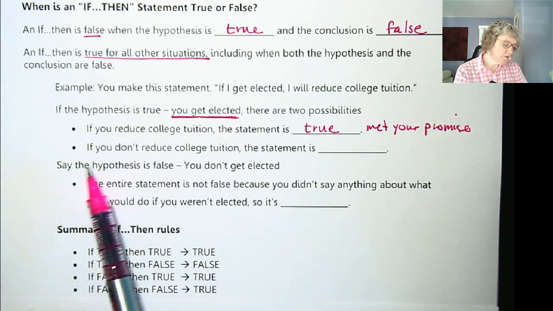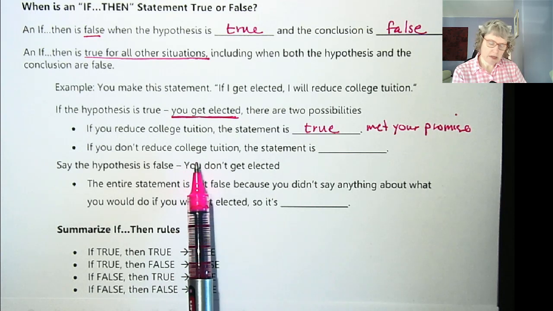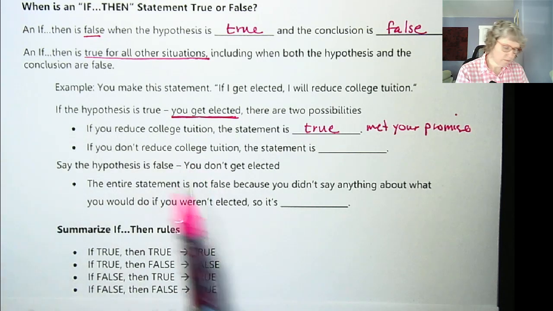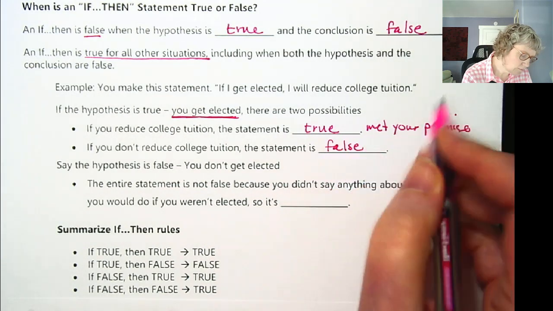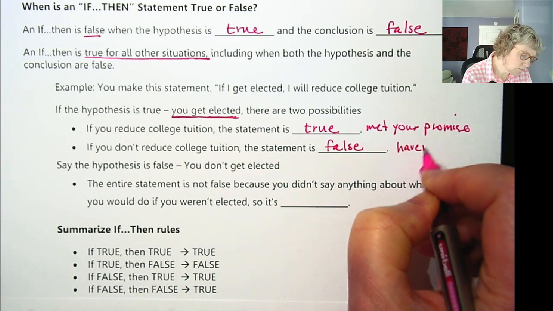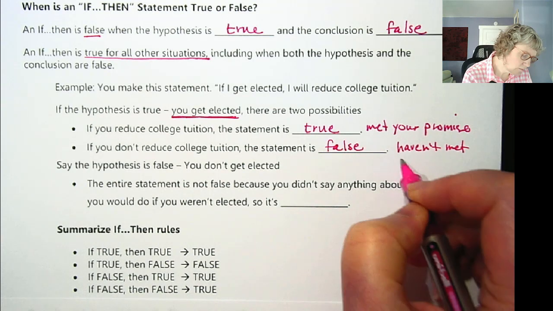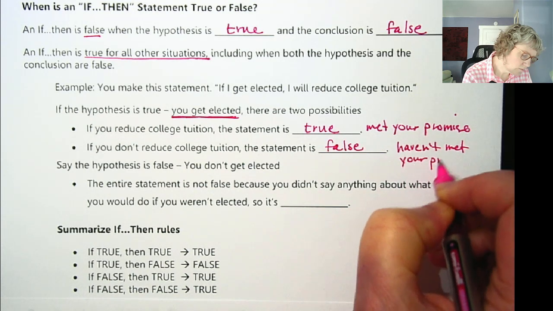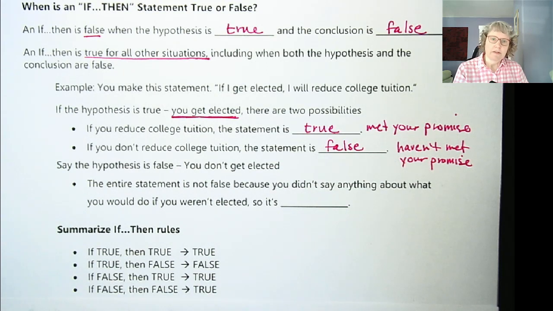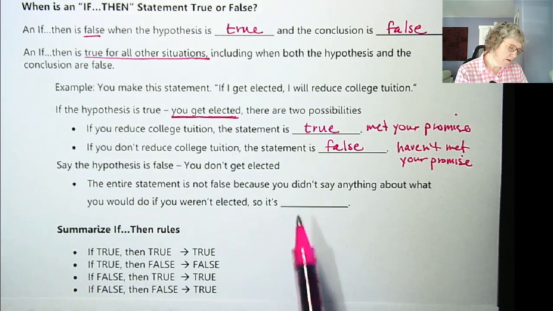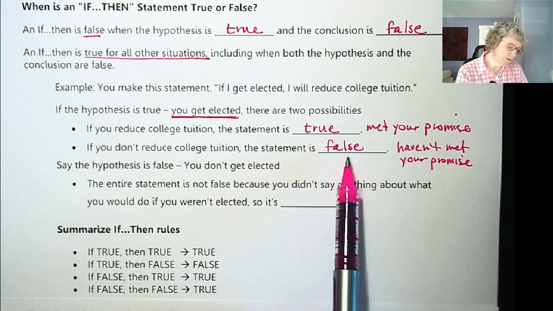But if you get elected and you don't reduce college tuition, then the statement is false. So you haven't met your promise. Okay, so this is the only way that it's false.